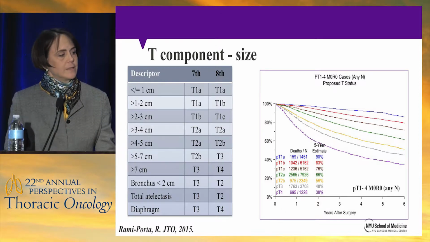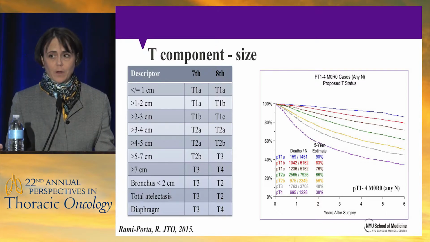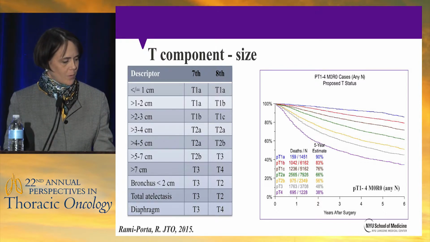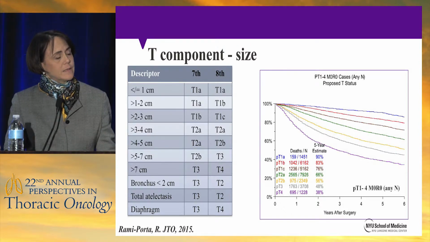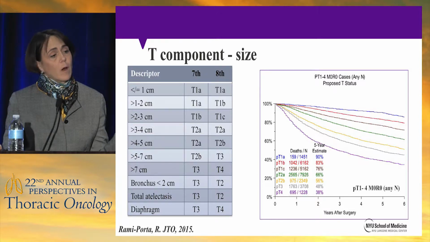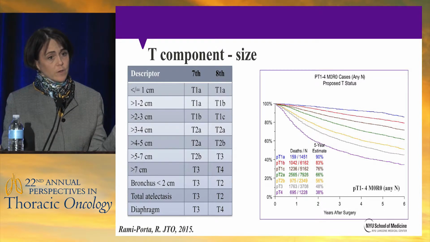And what I think is nice about this is that we're actually taking the T1, the 1s, 2s, and 3s, and we're really giving people very good prognosis instead of always feeling like we're giving people worse prognosis. Actually interesting here too is the proximity to the carina. So within 2 centimeters of the carina used to be T3, along with atelectasis of the whole lung.